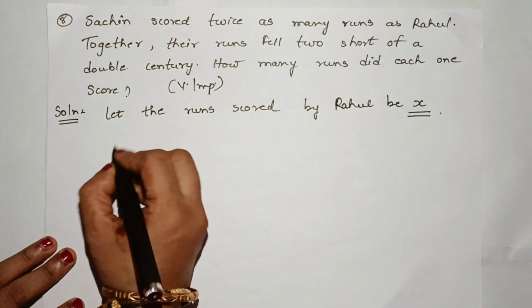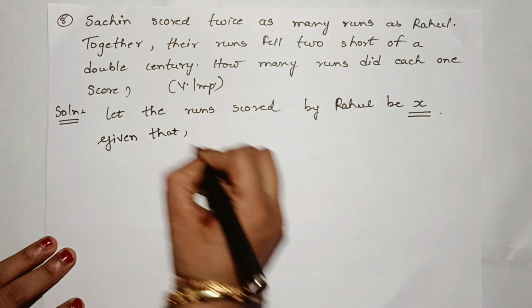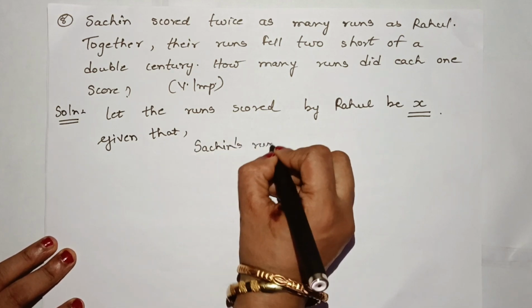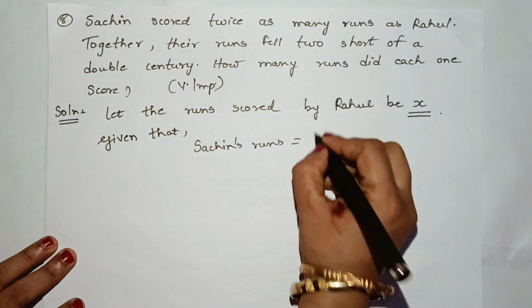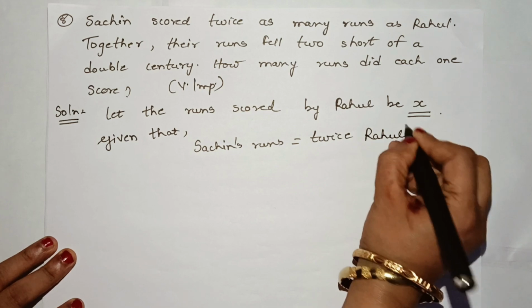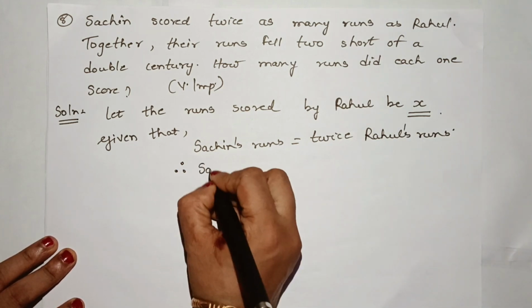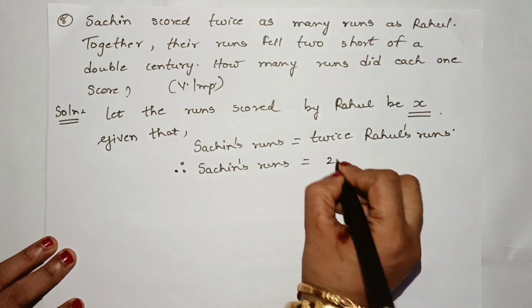Now, what is given? Given that Sachin scored twice as many runs as Rahul. Sachin's runs equal twice Rahul's runs. Therefore, Sachin's runs is 2x.